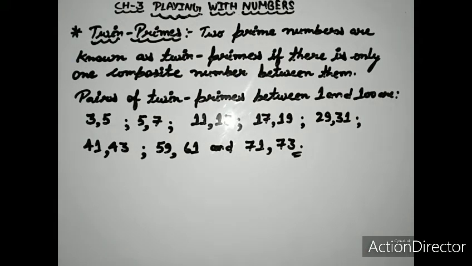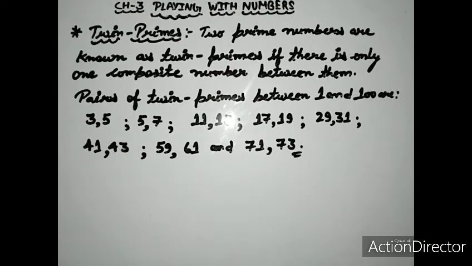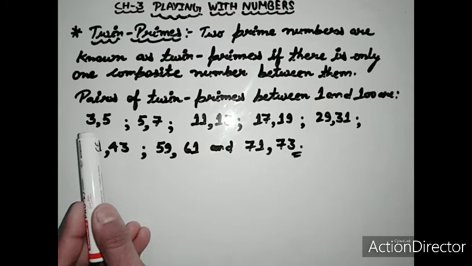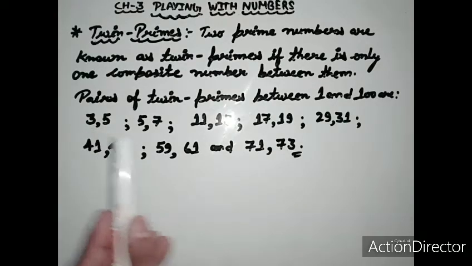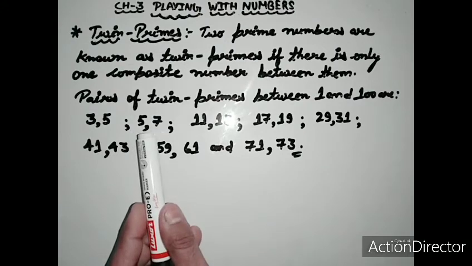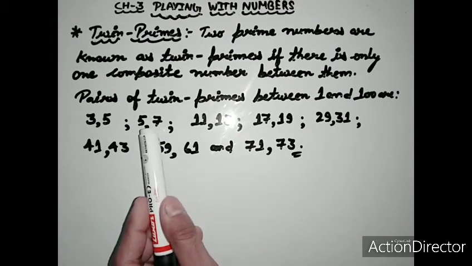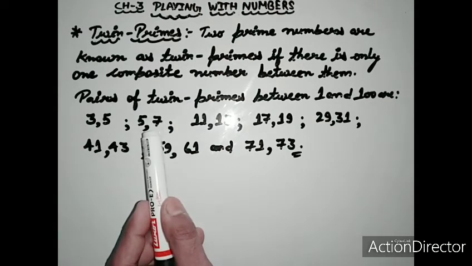Here you notice one thing. Here 3 and 5: in the middle of these two numbers there is 4, and 4 is a composite number. The same with 5 and 7: in the middle of 5 and 7 is 6, and 6 is a composite number.